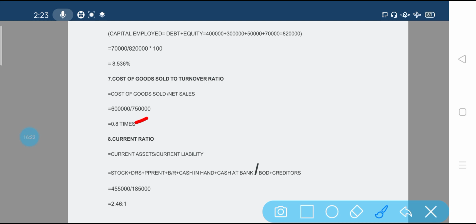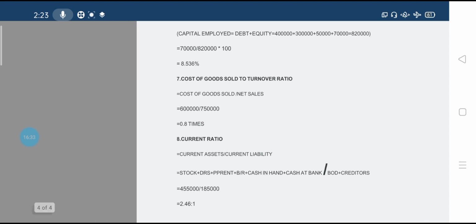Then current ratio. Current assets divided by current liabilities. What are all the current assets given in the problem and what are all the current liabilities given in the problem? Let's see.